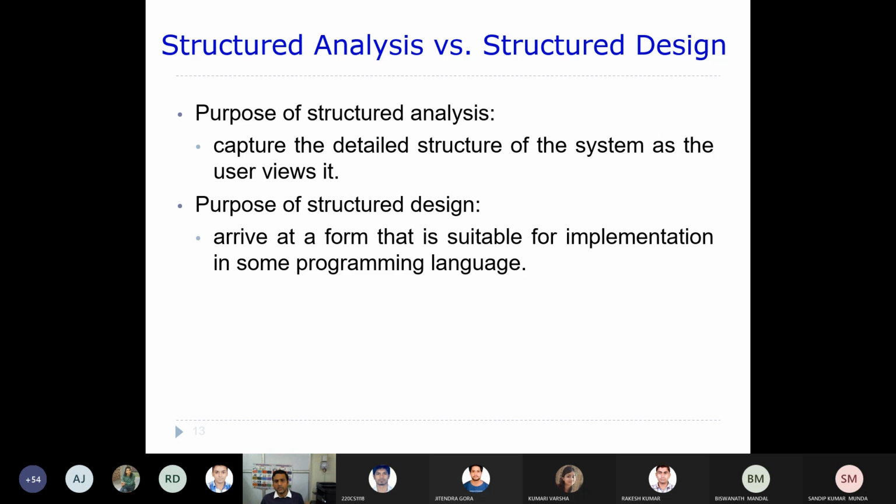So for that reason you need a structured analysis. And the structured design is the very detailed design of the system, where usually a programmer is going to implement that particular module using a programming language. So this is the way that you can see the difference.